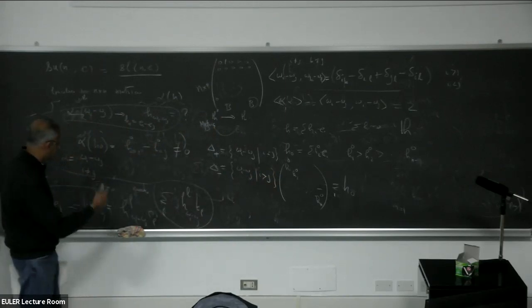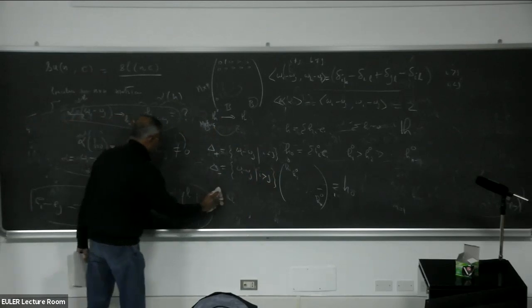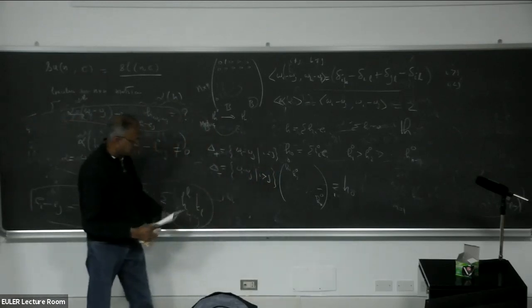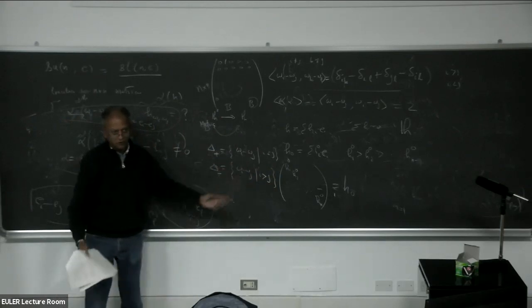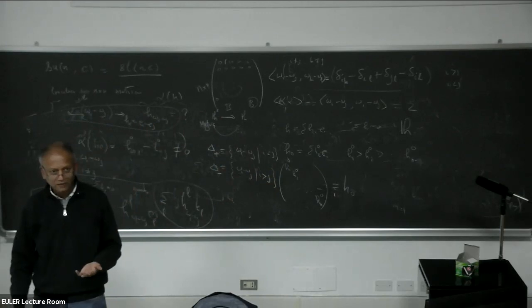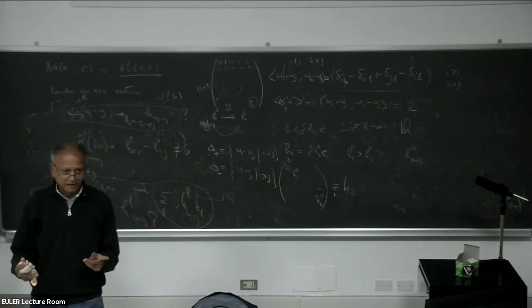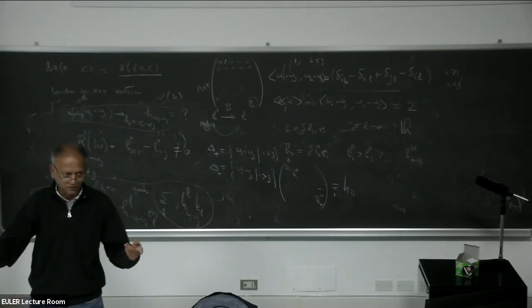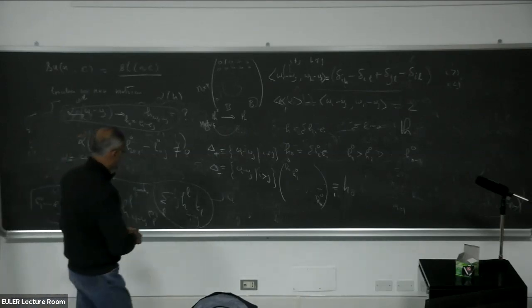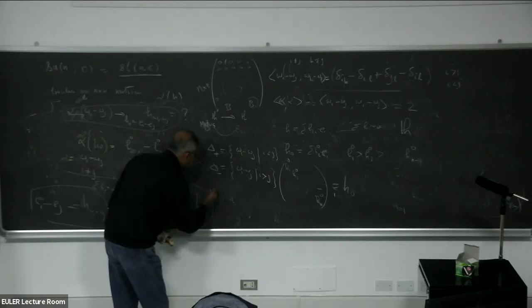Now, let's explicitly write down. The next step is: what are the simple roots? We have the set of all the positive roots. Now we want to find out what are the simple roots. Remember, simple roots were the ones which could not be written as a sum of two positive roots. So I just write down the answer.